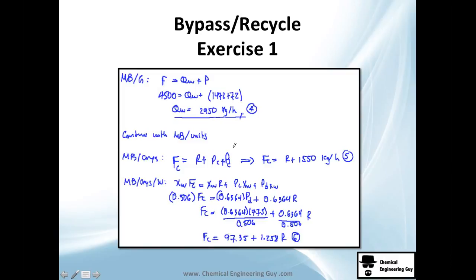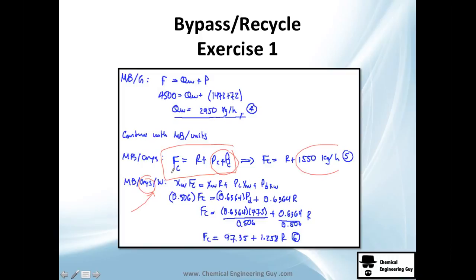Mass balance, which is here. Nice. Now, we know these two guys, it's 1550, so we have this equation. Let's name it 5.